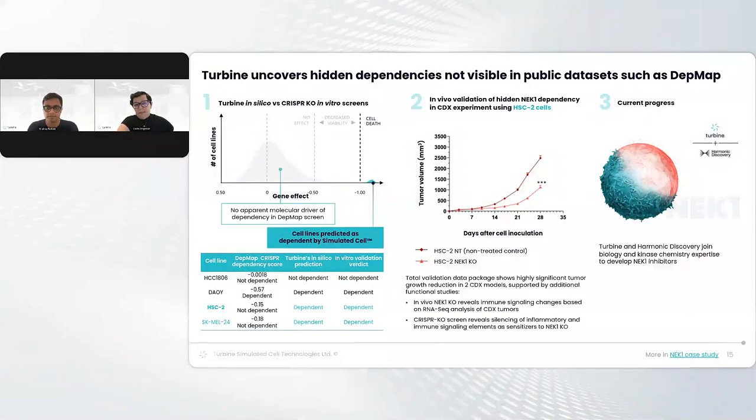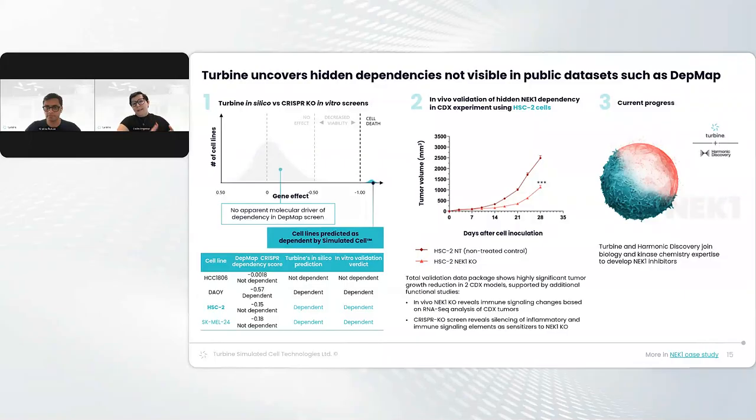This hypothesis also validated in vivo. So here we again used CDX models selected based on the simulation output data. And you can see here on the middle panel that in the HSC2 cell line, NEC1 KO results in significantly reduced tumor volume in mice.